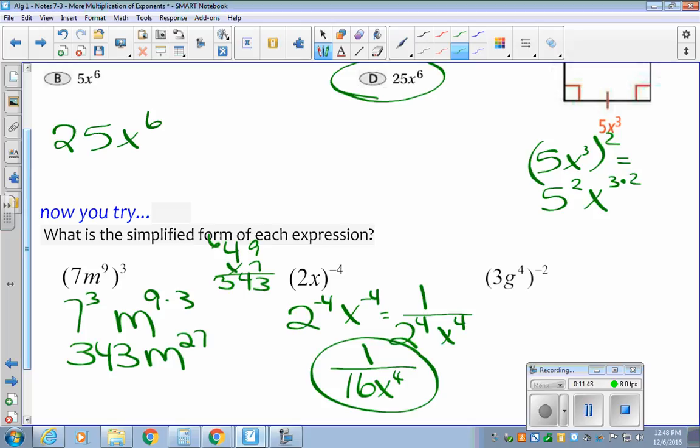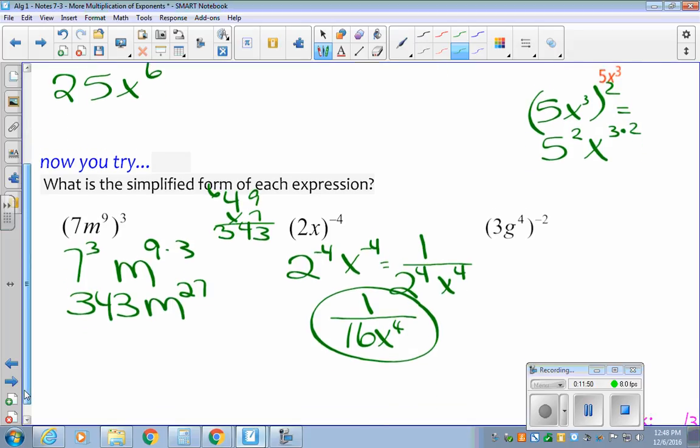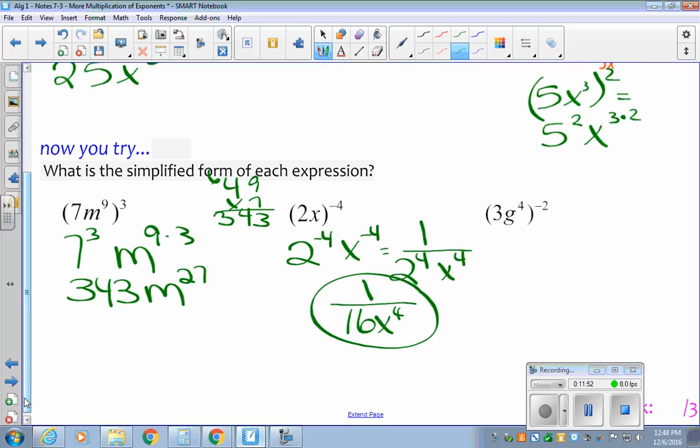And last, but certainly not least in this series, we have 3 to the negative 2 and g to the 4th times negative 2. Each item in there gets that negative 2 power. Let's do the times first before we move it.